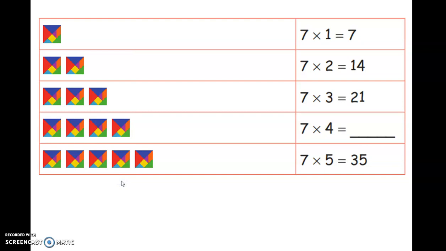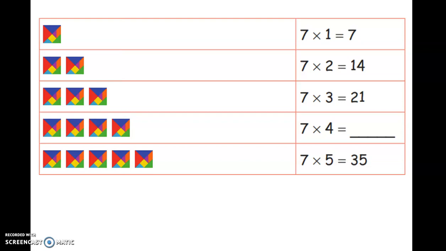Friends, in the picture what do you see? Yes, a box is there. In the first picture you can see a box. There are many colors here. There are 7 colors. Do you know the 7 table? Okay, let's recap. 7 colors into 1 box is equal to 7 colors.